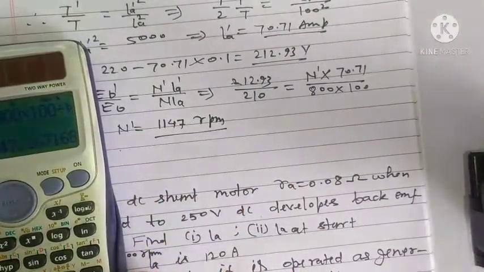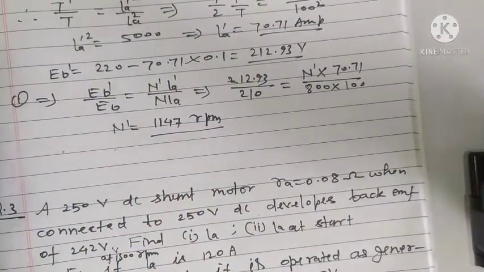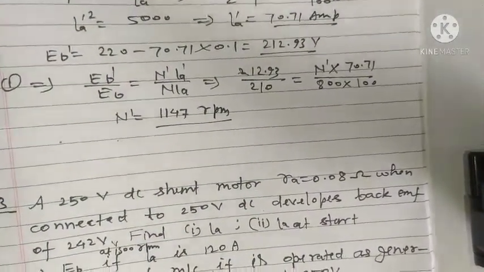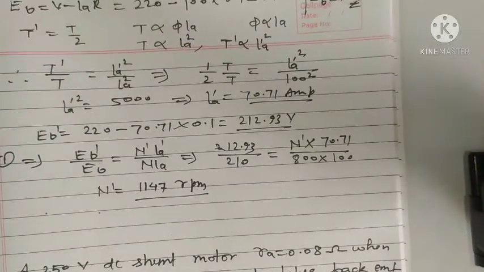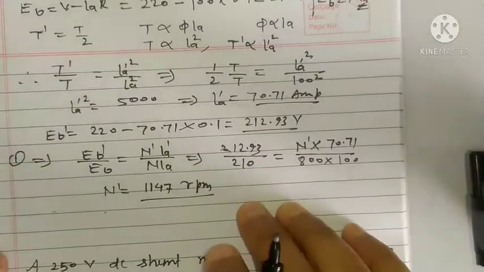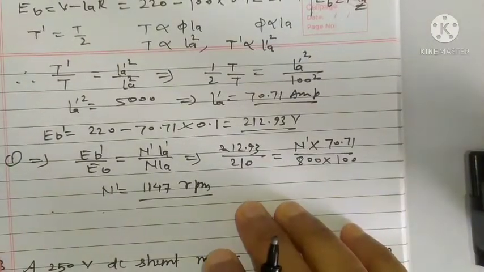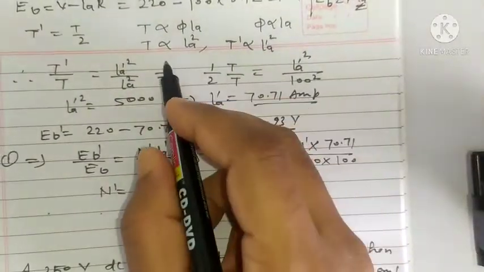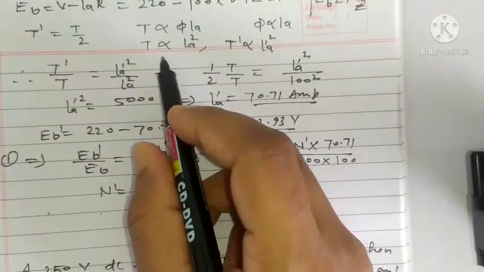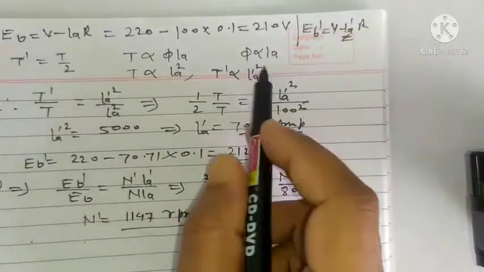Right, so this will be the answer. Here EB dash was not calculated directly, but they have given a relation of torque, that in the new case torque is becoming half of the original torque, and from there we have calculated the new current by following these relations.